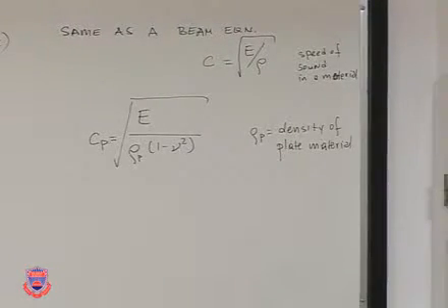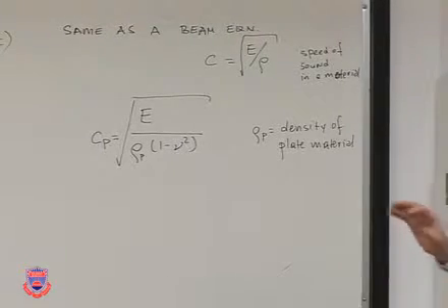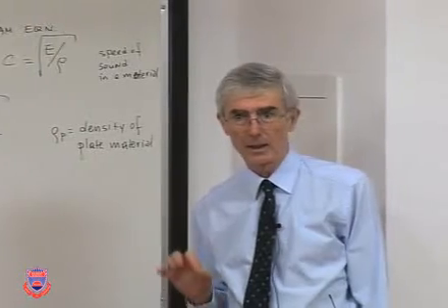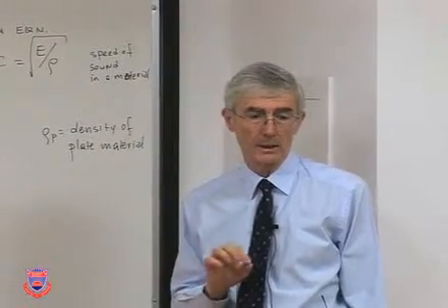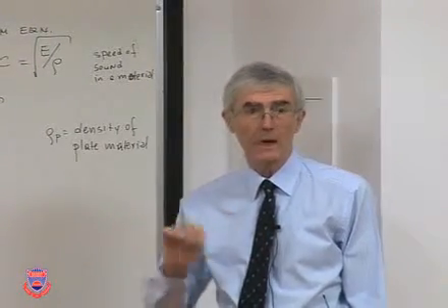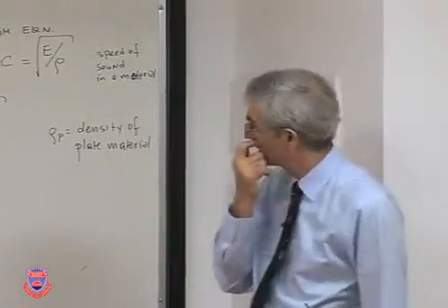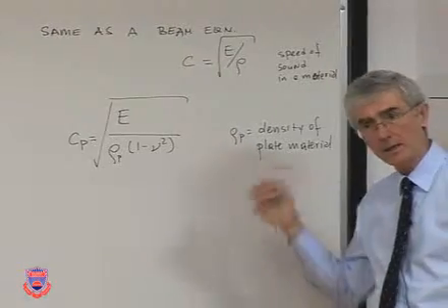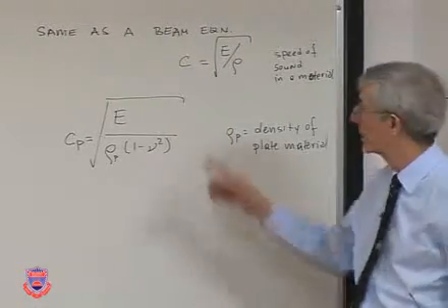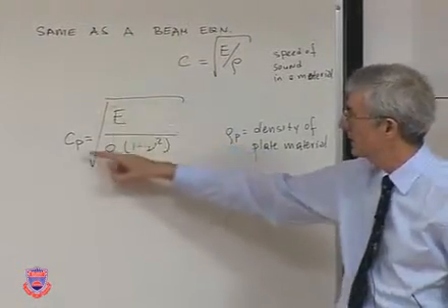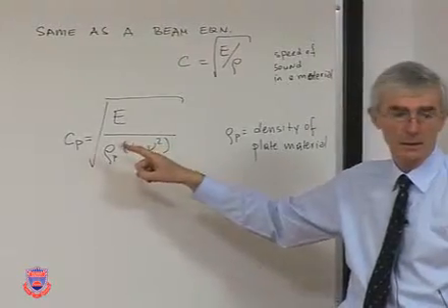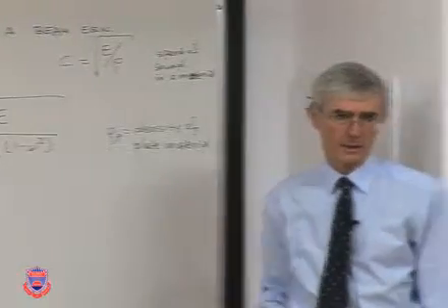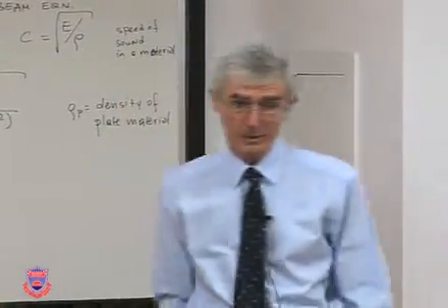Now, in a few minutes, we will also see another type of speed. And that speed will be the speed of bending waves, how fast they travel. You don't have to write it now, but you'll see a distinct difference between a speed of sound of a material, which is related only to the material constants, and nothing else. It's a characteristic property of the material.